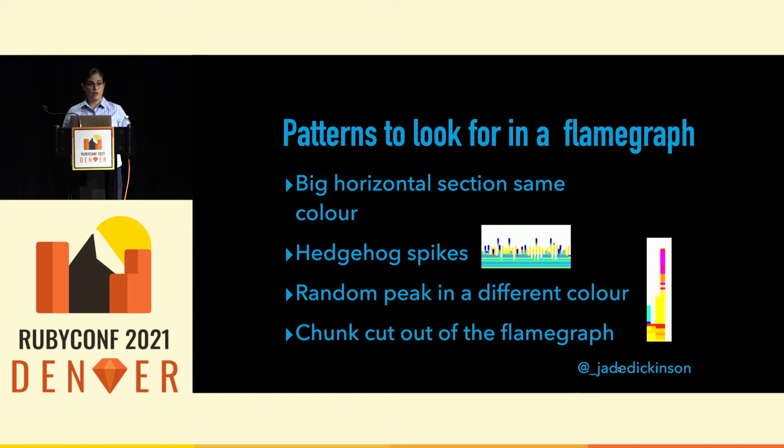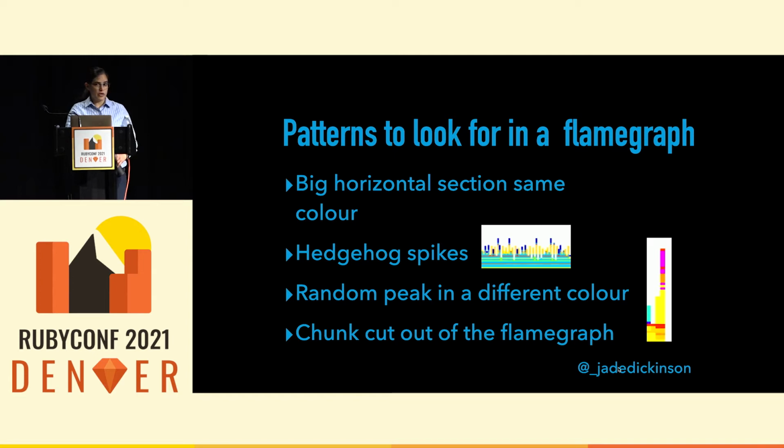So let's talk about how we can identify the patterns in a flame graph. If you've got a big horizontal section that's the same color, which is taking up a lot of space, that indicates a lot of time spent in one method. And a pattern like hedgehog spikes, I'm assuming you all know what a hedgehog is, it's kind of a UK thing. If you can see hedgehog spikes that are all the same color, that indicates a loop.